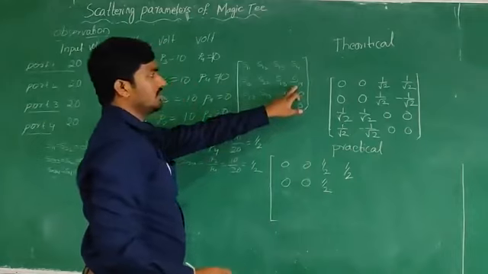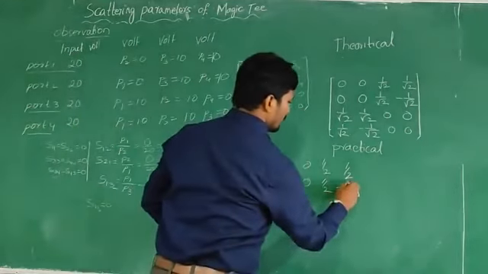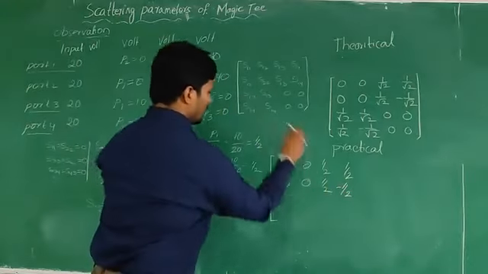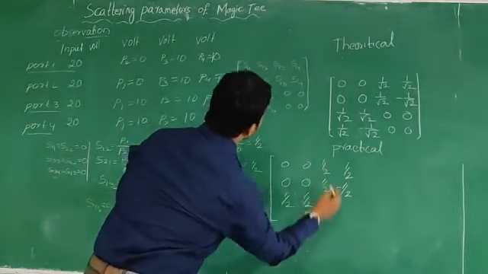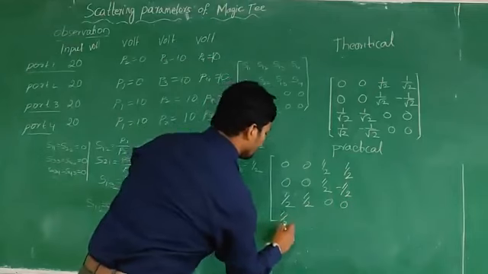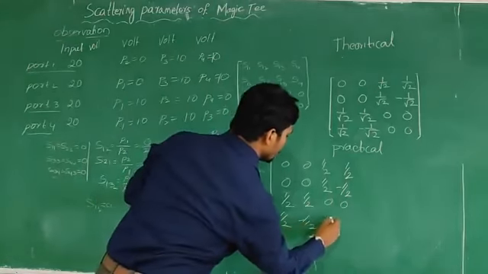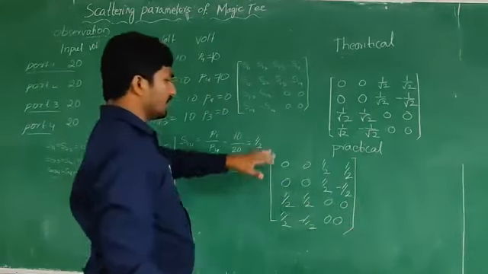Here S14 is equal to 1 by 2, but with a minus, so S14 is minus 1 by 2. Okay, we got all values.